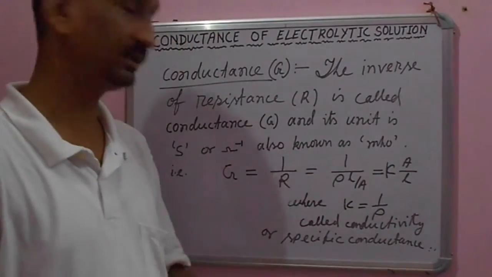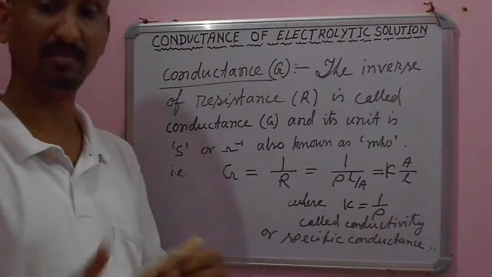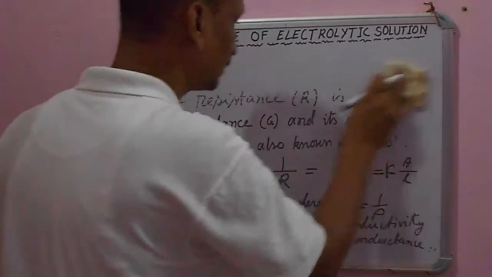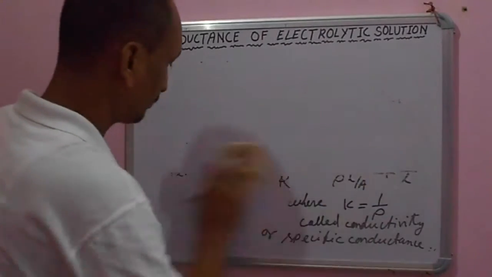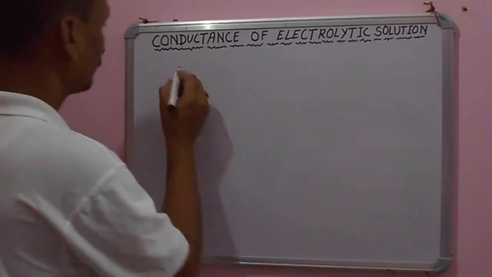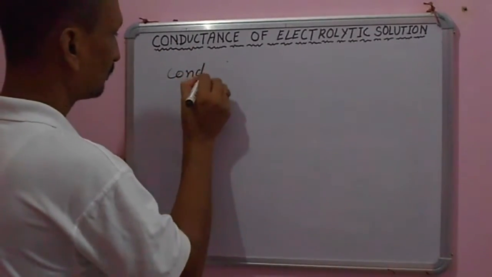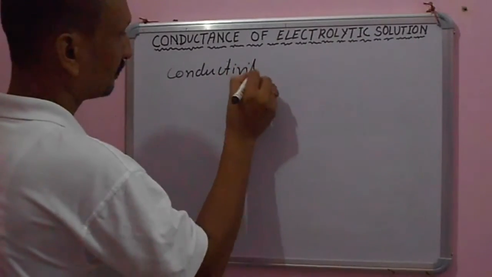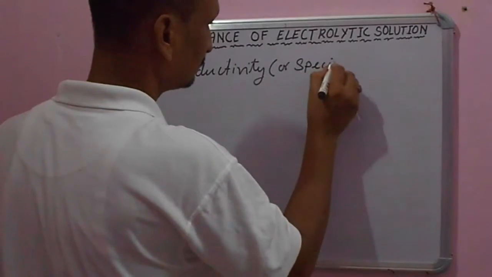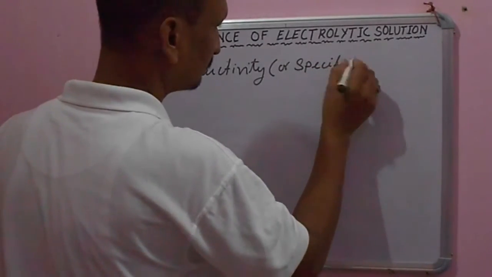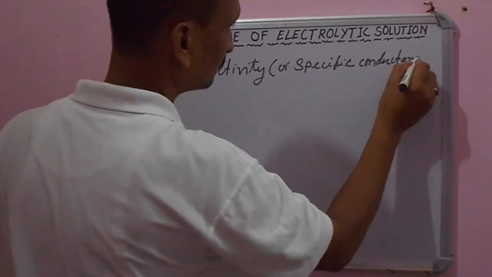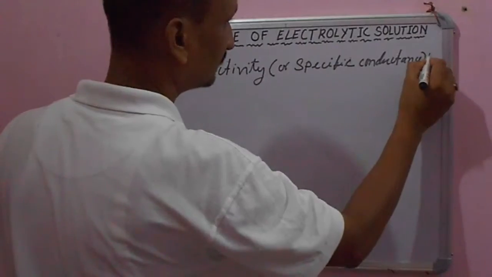Now how conductivity is defined, that we have to know. Conductivity is defined as the inverse of resistivity. So we'll see now the definition of conductivity. Conductivity or specific conductance, that is kappa.